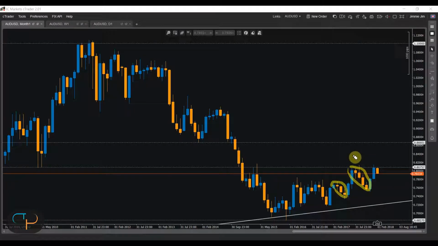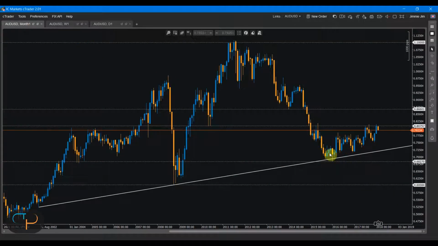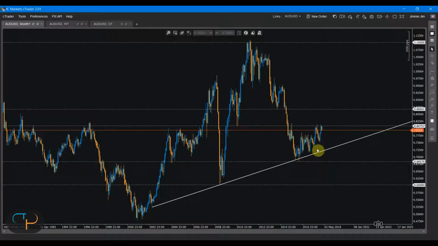However, it is not. Why? Because if this is an ascending trend and this is the impulse phase, well, this impulse is kind of not going anywhere, whereas look at the impulses of the downwards move.